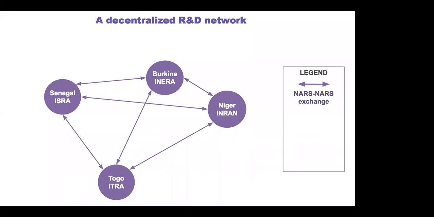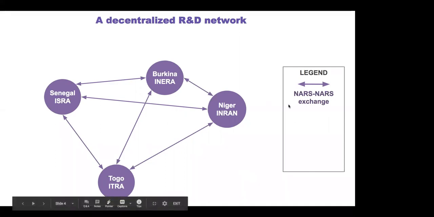The core deliverable is really this network, and I know sometimes the network can seem kind of abstract or vague, but to my mind, it's really not. It's the day-to-day of building these relationships, building trust, sharing germplasm, sharing ideas, holding each other accountable to deliver to each other and to deliver to our final stakeholders.